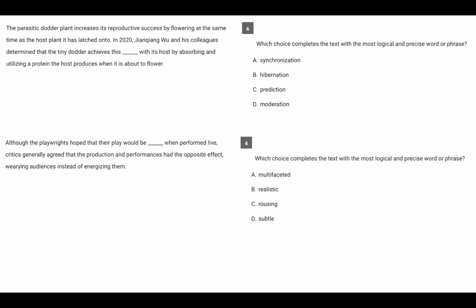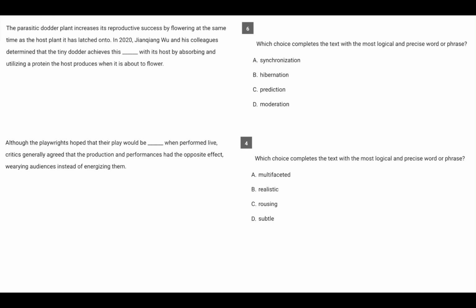The parasitic dodder plant increases its reproductive success by flowering at the same time as the host plant it has latched onto. In 2020, something Wu and his colleagues determined that the tiny dodder achieves this something with its host by absorbing and utilizing a protein the host produces when it's about to flower.